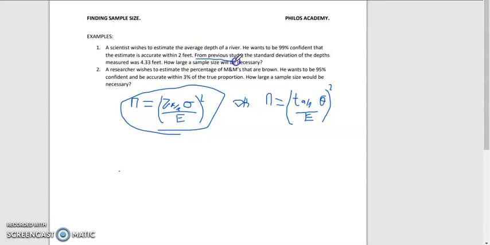So since it's a population standard deviation, we use Z.